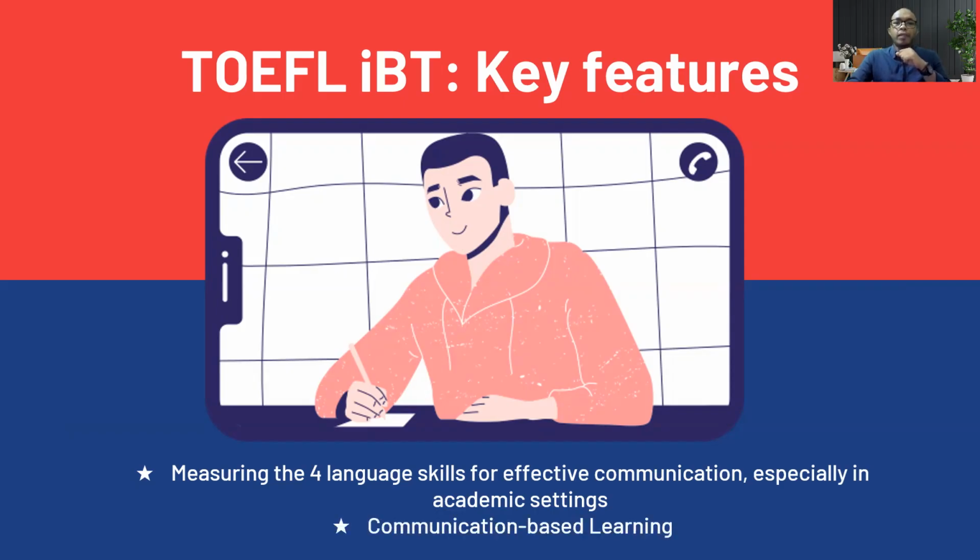The test is very geared towards your communication skills. So not just focusing on your grammar skills or your vocabulary knowledge, but more about how you use those grammar rules and those vocabulary items so that you can communicate effectively.